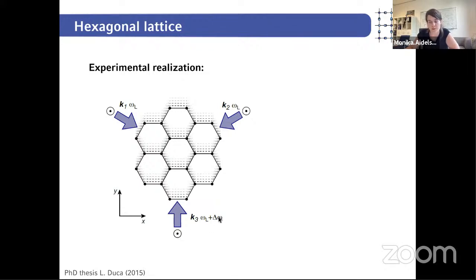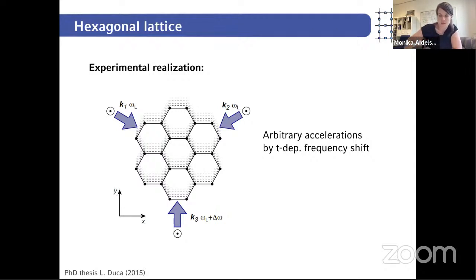But if you detune the frequency of one of the 3 beams, you accelerate the lattice potential in one direction. And in principle, by changing the detuning as a function of time, you can engineer any arbitrary accelerations. In particular, if we choose to change the detuning linearly in time, we can create a constant acceleration.